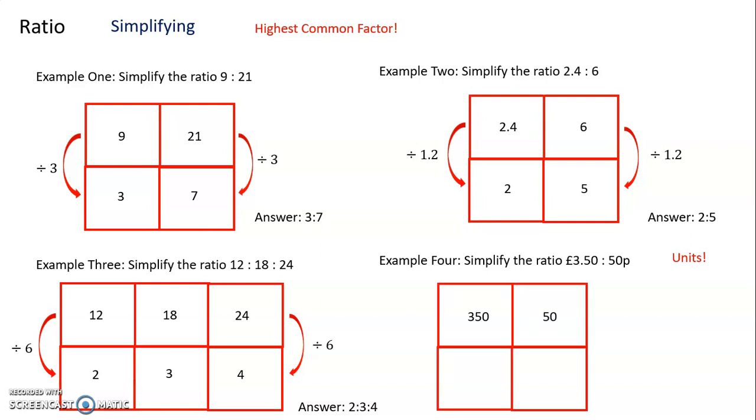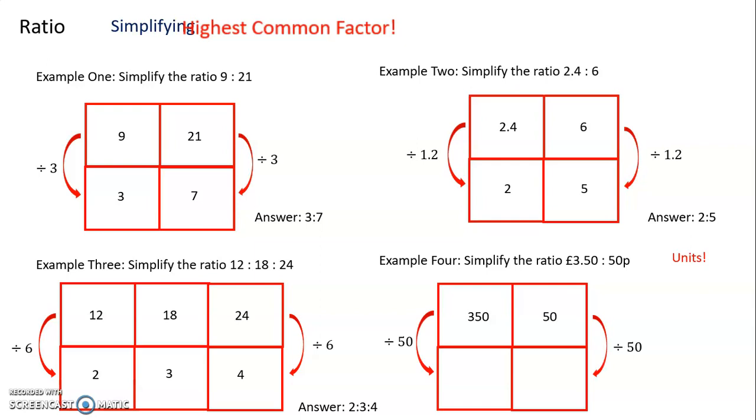And now again, I am looking for the highest common factor. You might do this differently. You might decide, well, I'm going to divide by 10 first of all, and then you would have to divide again. But as I said before, the most efficient way to do this is to look for the highest common factor, and that is 50.